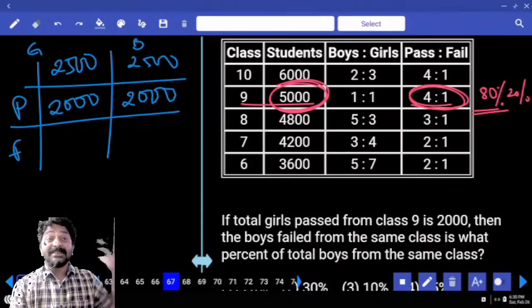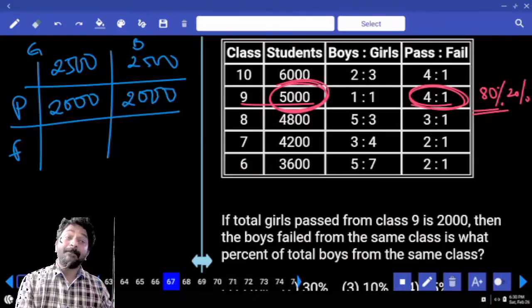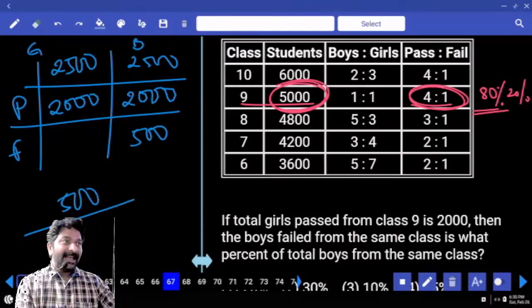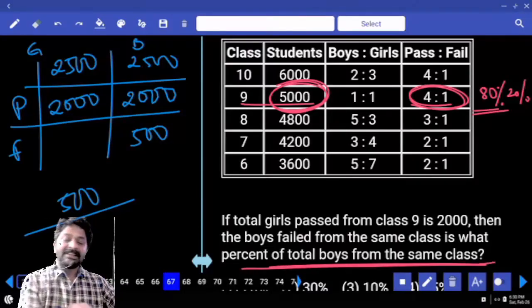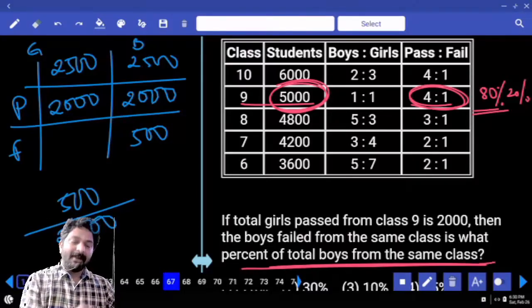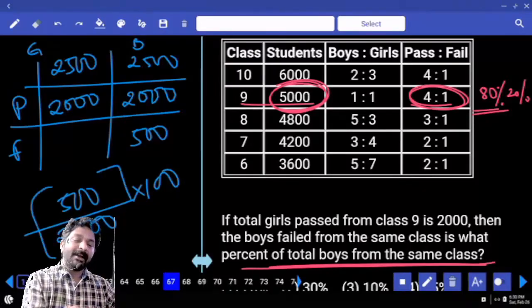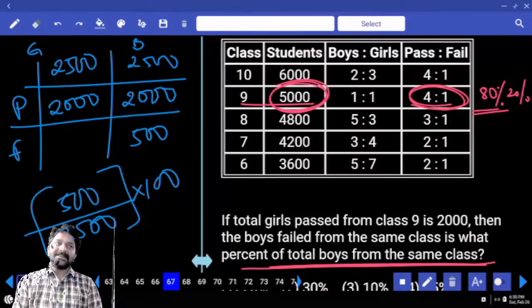How many total boys are there? 2,500 boys. Out of them, how many passed? 2,000. Then failures, 500. We were asked to calculate failure boys as a percentage with respect to total boys, which are 2,500. Percentage into 100. 500 by 2,500, which is 1/5 only. 1/5 in percentage, 20%, answer.